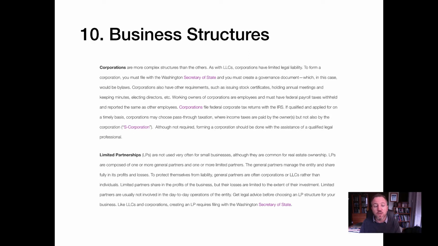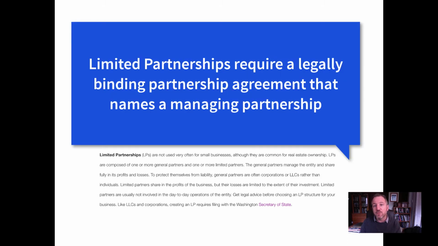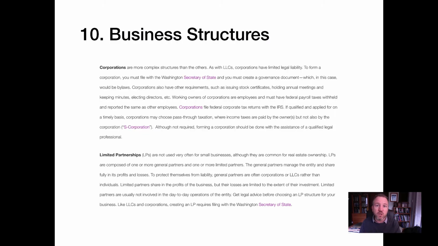A limited partnership is not very common anymore because the LLC really fills that niche very nicely. But a limited partnership is where you have a group of partners where one person has the full management authority and the other partners are not involved in the operating decisions or the day-to-day decisions of that company. And so you see a limited partnership formed quite often in the past.